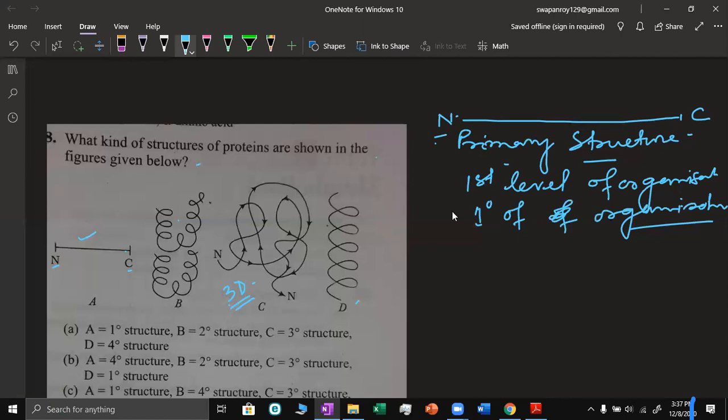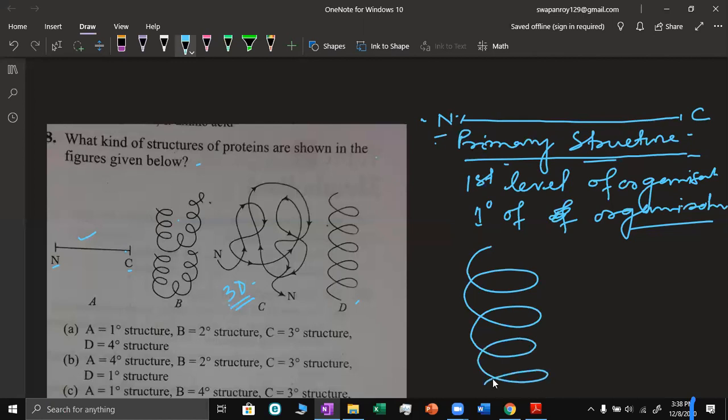Then in the next step, in the primary structure the proteins are not functional. This long chain of amino acids folds. When they fold, they coil like a spiral.